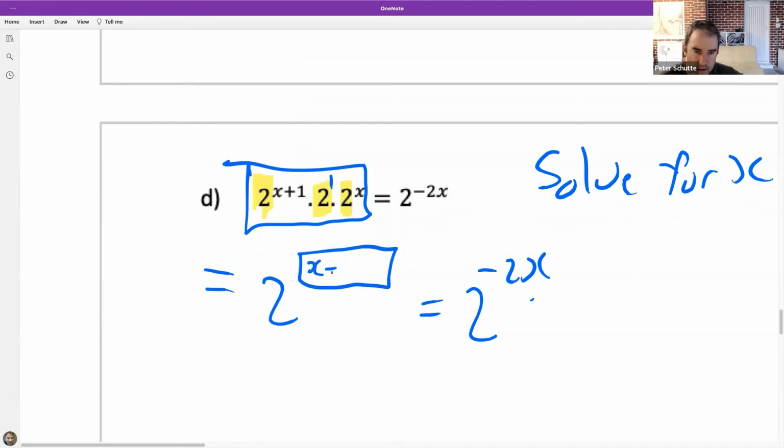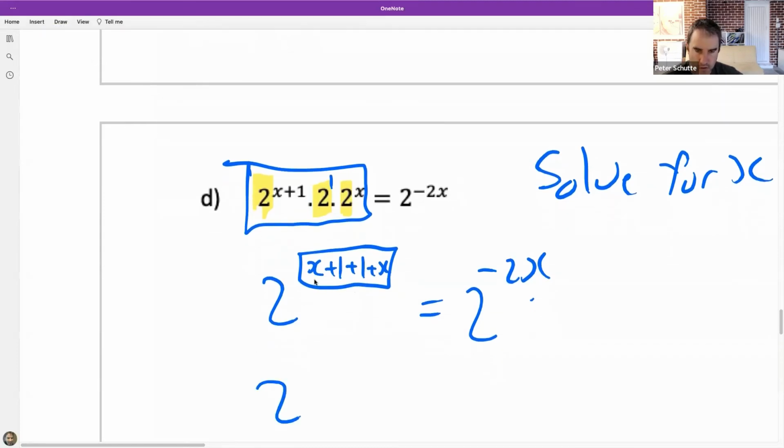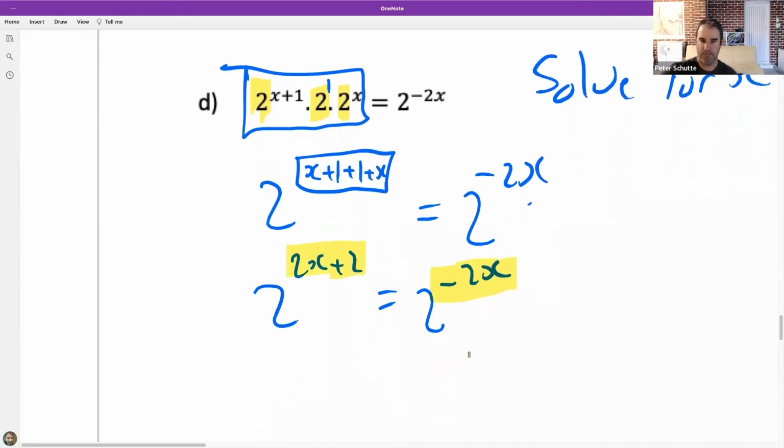So I think we get x plus 1 plus 1 plus x, which will give us 2x plus 2 equals minus 2x. So now bring it home for me.